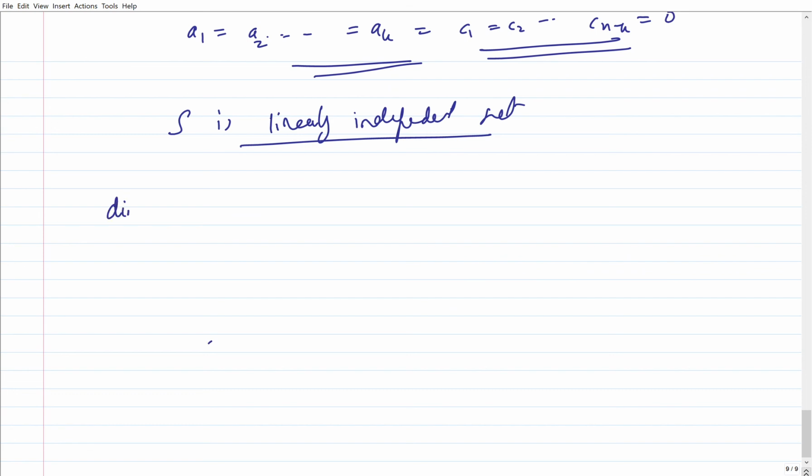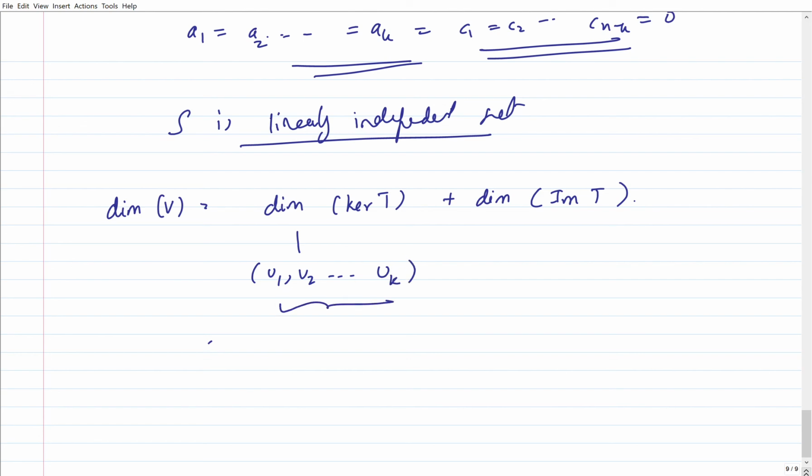That the dimension of V is nothing but the dimension of the kernel of T plus the dimension of the image of T. We can start some sort of a proof strategy where you have u, k, these guys form a subspace. This guy was the subspace of W. So I can start with some vectors w1, w2 as the basis vectors of these, maybe r of them.